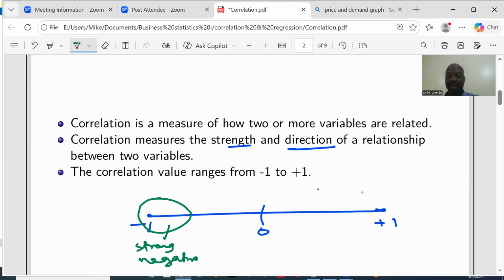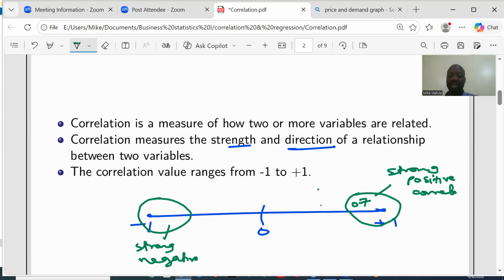In the same manner, when you get correlation coefficients of, let's say, +0.7 something all the way to +1, then we talk of the relationship between the two variables having a strong positive correlation.